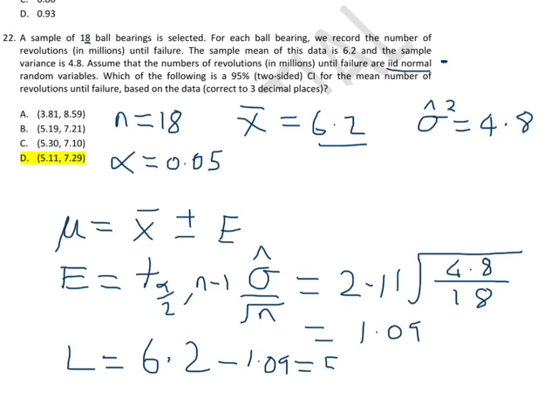You can already see we've got the only valid answer, but let's just check. The upper limit is going to be equal to 6.2 plus 1.09, and that gives us 7.29, as required.